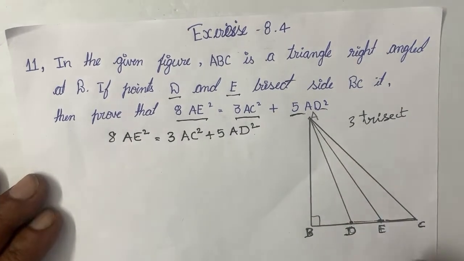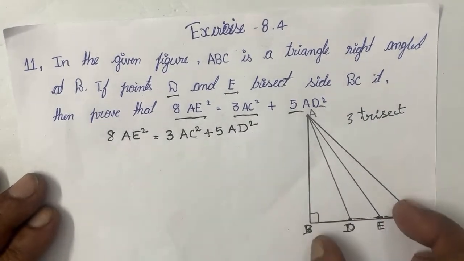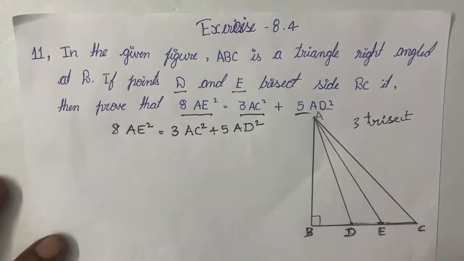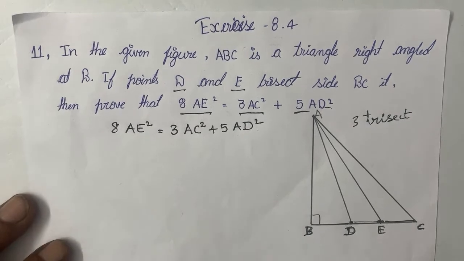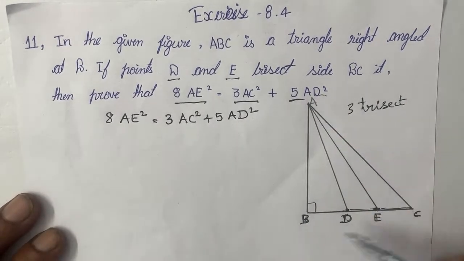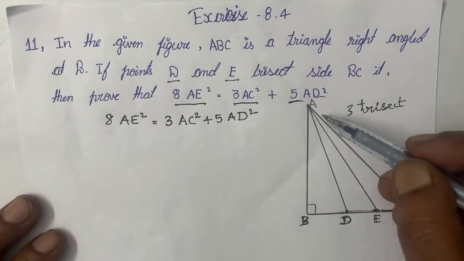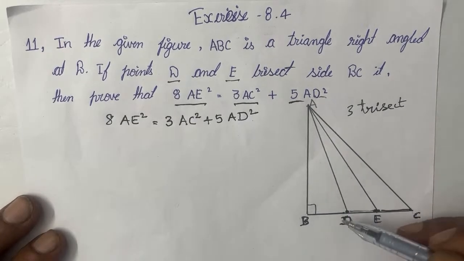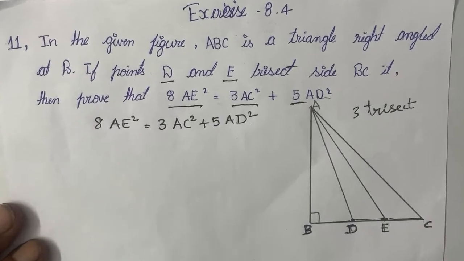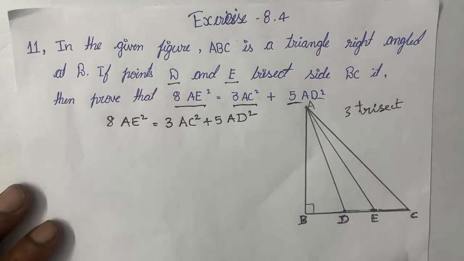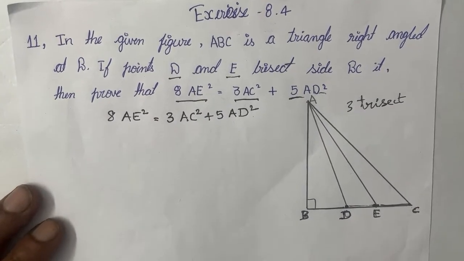This equation is finally asked. Once again, I will repeat what the equation is asking: 8AE square is equal to 3AC square plus 5AD square. For deriving this we use the right angle triangles, and there are three of them. First is ABC, second is ABD, third is ABE. We'll see how we deal with the three triangles in this question.